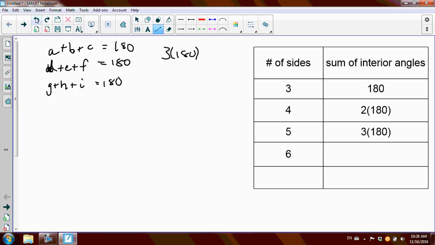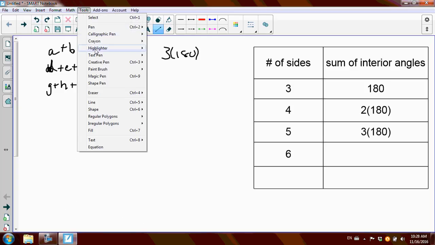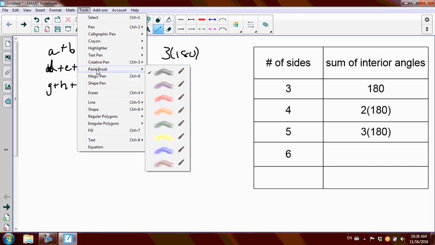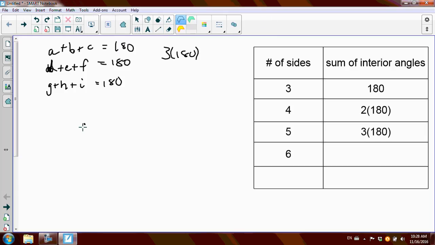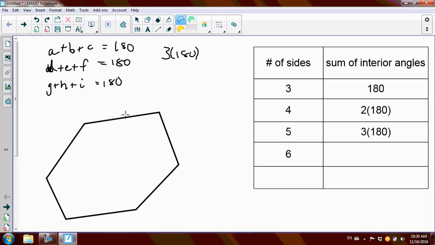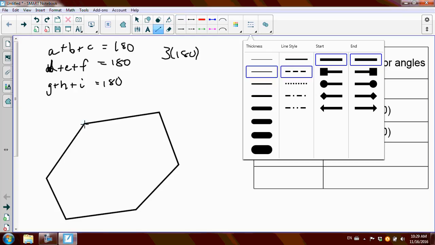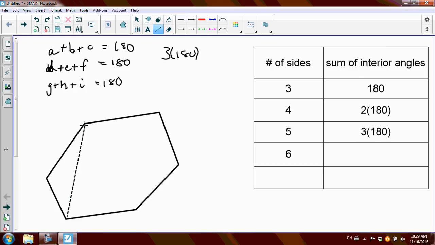Darn it. Let's try this again. Now I've got a hexagon. Okay, I will choose this vertex to draw diagonals from. Diagonal, diagonal, diagonal. Hopefully you already see what's going on.